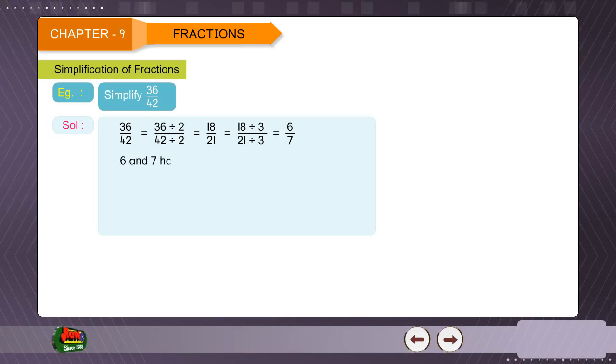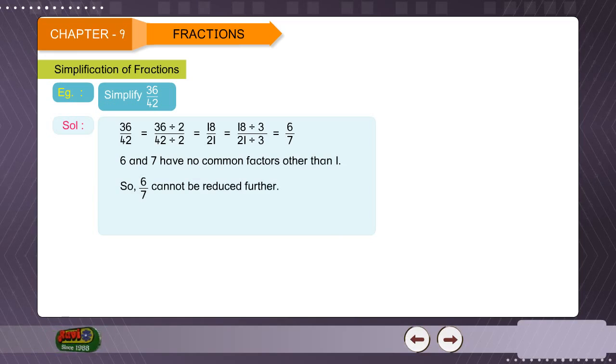6 and 7 have no common factors other than 1. So, 6 by 7 cannot be reduced further. Hence, 6 by 7 is the lowest form of 36 by 42.